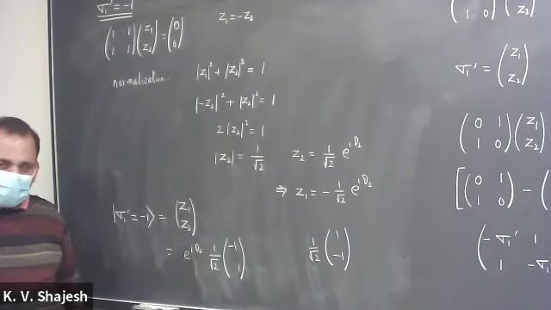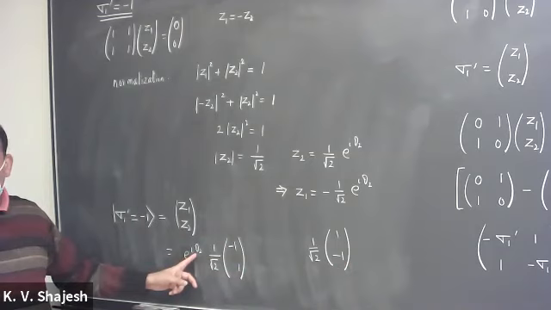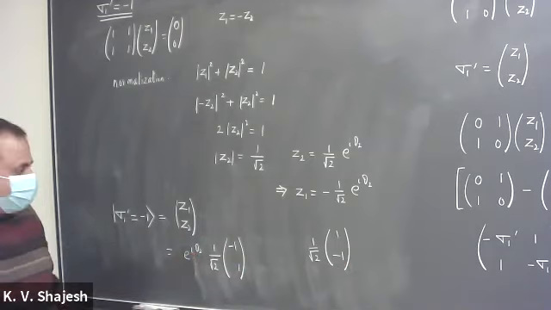For what theta 2 is this an eigenvector? This is true for arbitrary theta 2. I can choose any theta 2 I want. If I choose 0, then that's the eigenvector. If I choose theta 2 equal to pi, what is exponential of i pi? It is cos pi plus i sin pi. And how much is that?